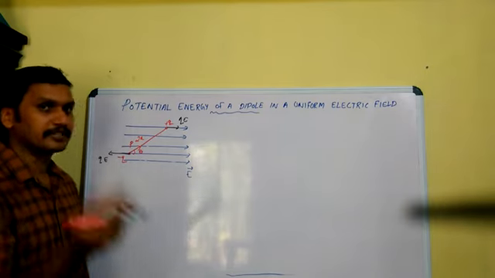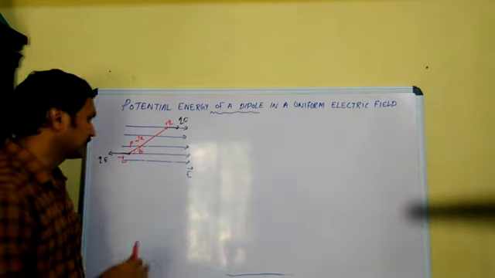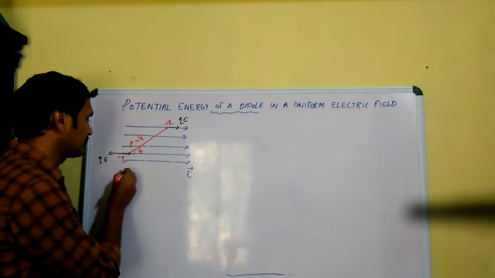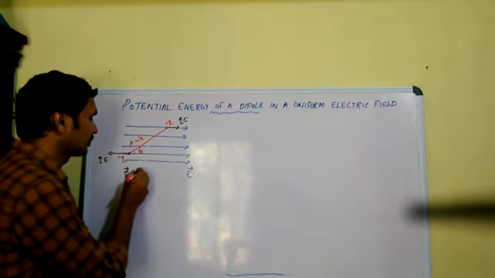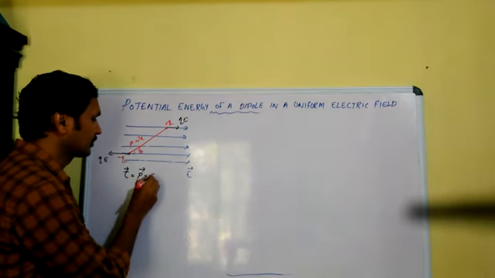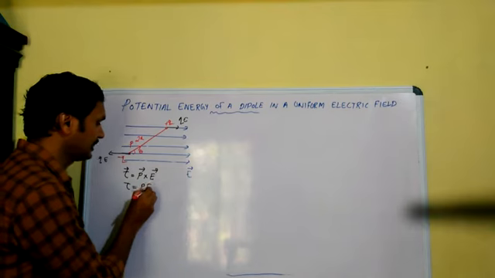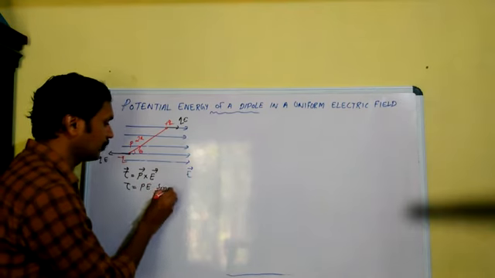We already derived this expression. The torque acting on this dipole is equal to p cross E, or can also be written as torque is equal to pE sin theta. What is theta?